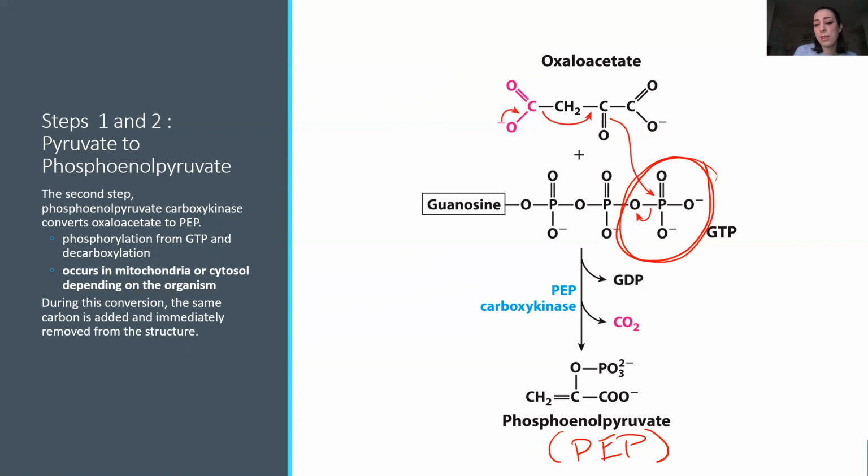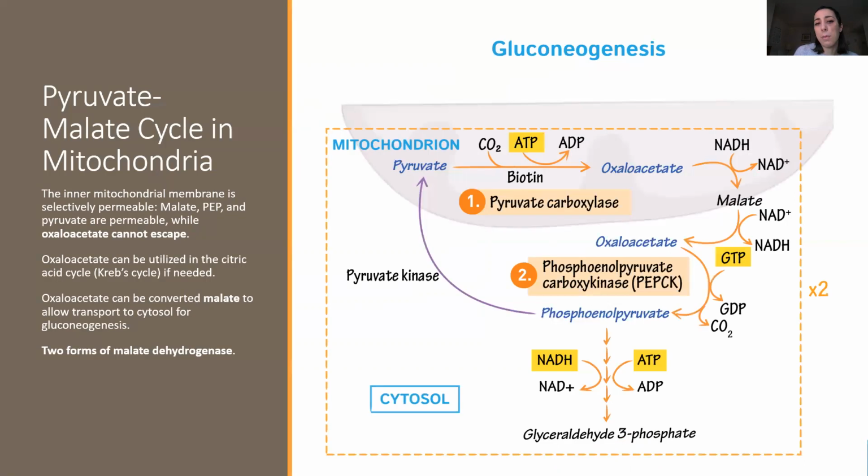So we have this interesting moment where our pyruvate that we need to actually make glucose, if we're doing gluconeogenesis, has to come from the mitochondria. This is part of the pyruvate malate cycle. This helps regulate the levels of pyruvate that are in the cytosol for use in energy generation or to build up our glucose.